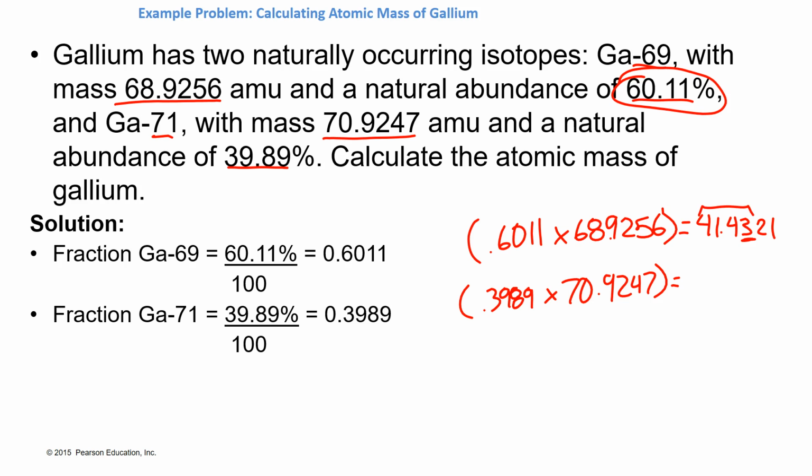All right. So same thing here. I'm going to get 28.2919. And then I'm going to put that line under that 9 right there because that gives me my 4 sig figs. All right. So from here, I'm just going to add them together.